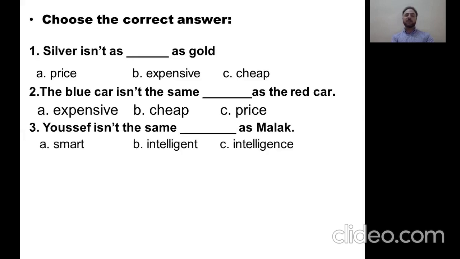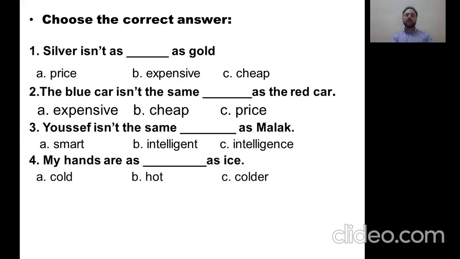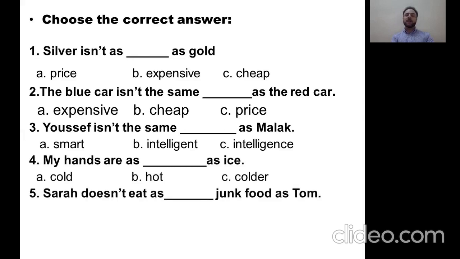B, intelligent. C, intelligence. Number 4, my hands are as blank as ice. A, cold. B, hot. C, colder. Number 5, Sarah doesn't eat as blank junk food as Tom. A, many. B, much. C, more. I will see your answers in the comments.